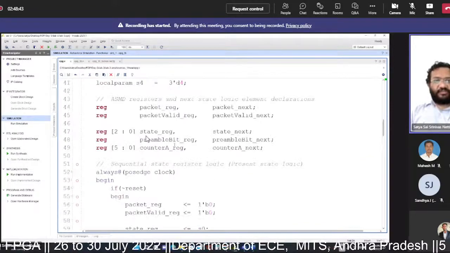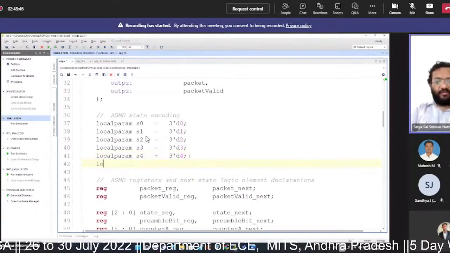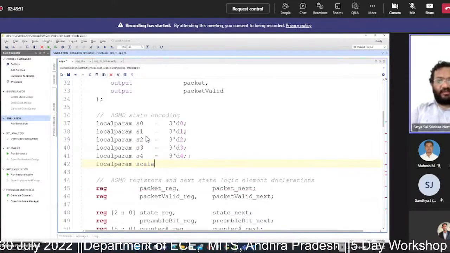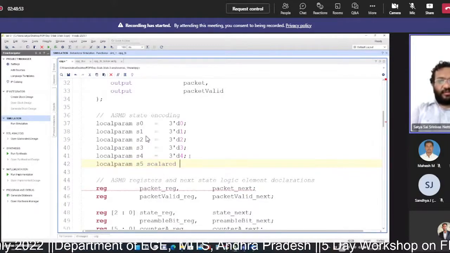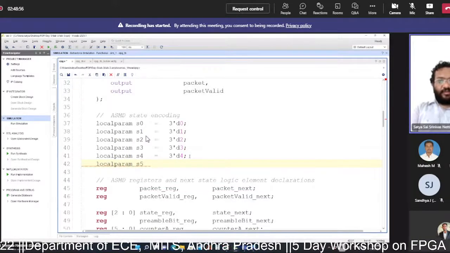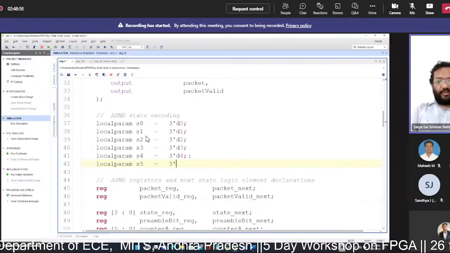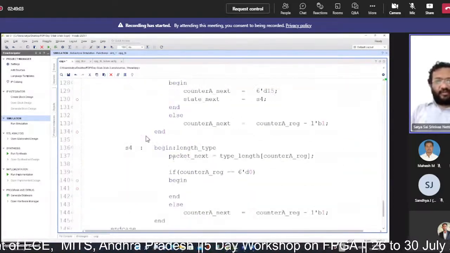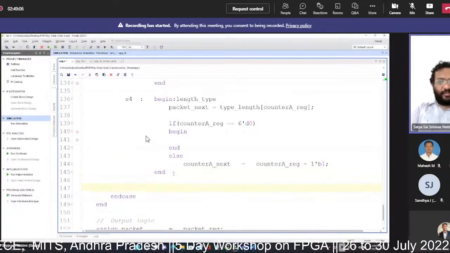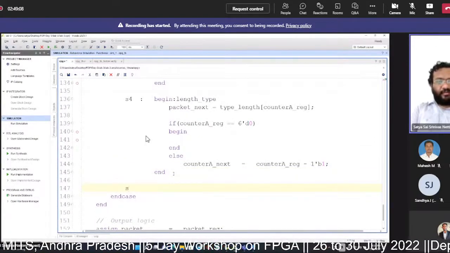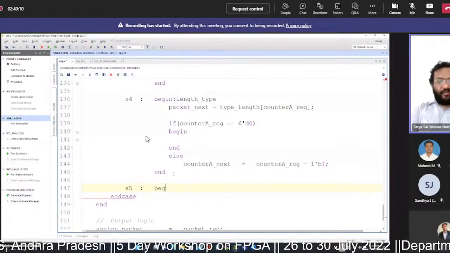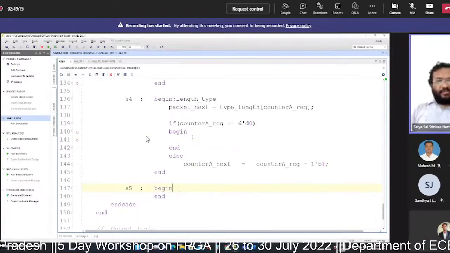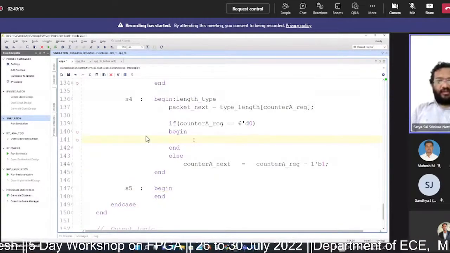That next state is not yet declared, so I will go on and here set S5.